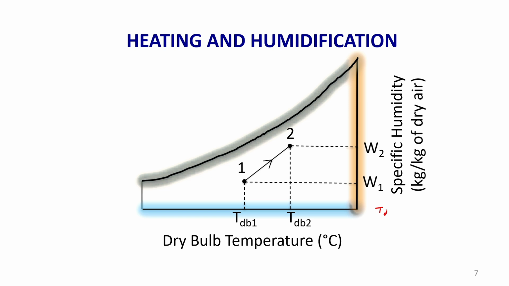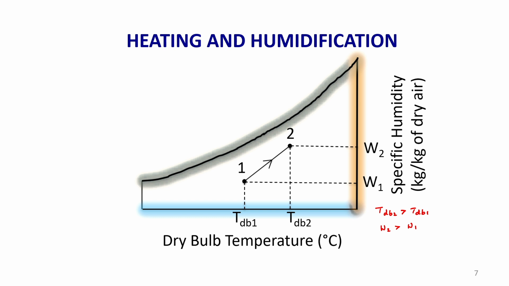So, dry bulb temperature 2 is greater than dry bulb temperature 1, and specific humidity also is greater than the initial state. Both the properties at the final state, specific humidity and temperature, are greater than the respective properties at the initial state. So, the arrow mark should be pointed upward.